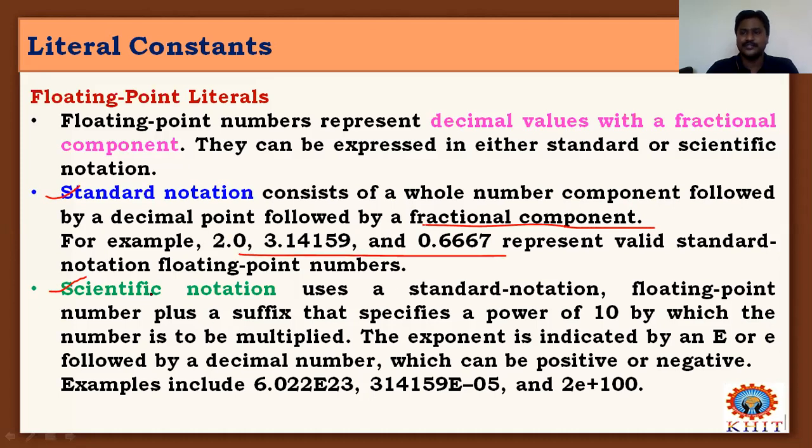But in scientific notation, the floating point number has a suffix indicating the power, like an exponent that indicates the power value. This type of representation is considered scientific notation of floating point literals.